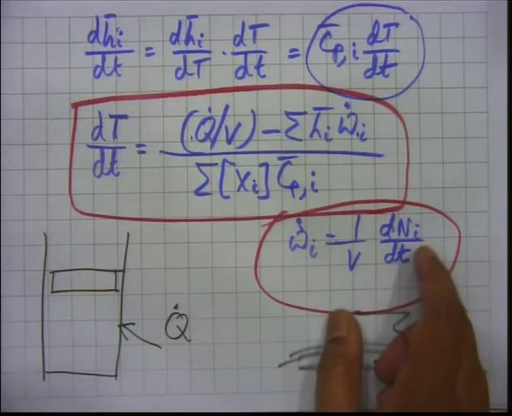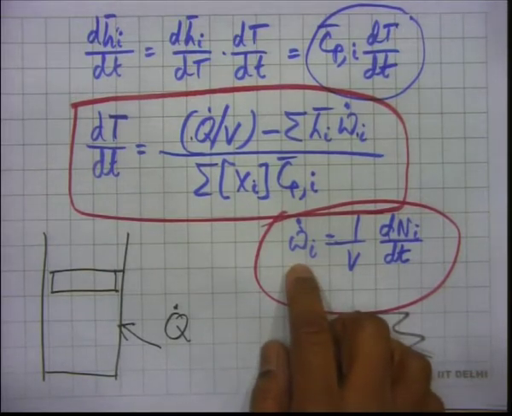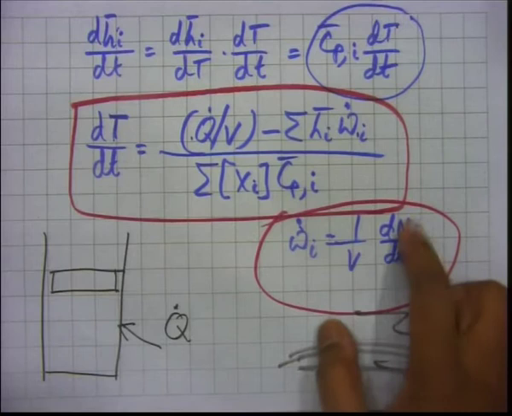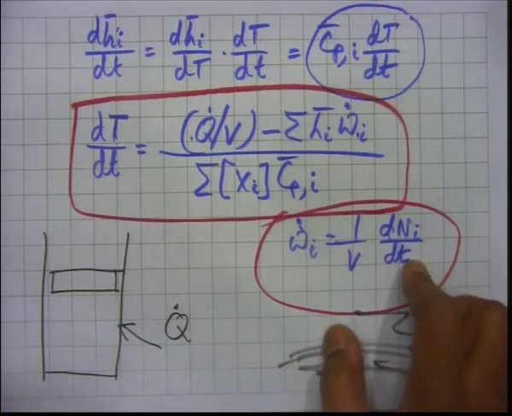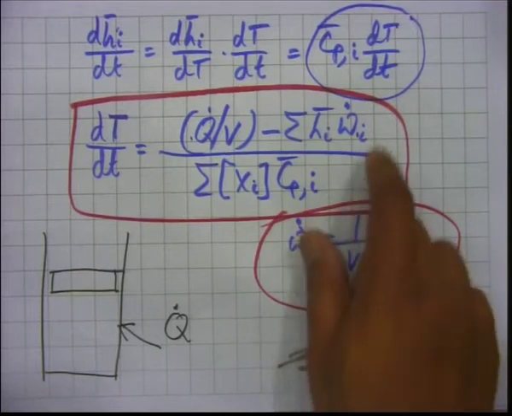So, d dt of Ni, where Ni is the number of moles of the ith species, the rate at which it changes is obviously dependent on the reaction rate. So, this is some measure of the reaction rate. That rate of change of number of moles of the ith species divided by volume is called omega dot i. So, this is showing up here.